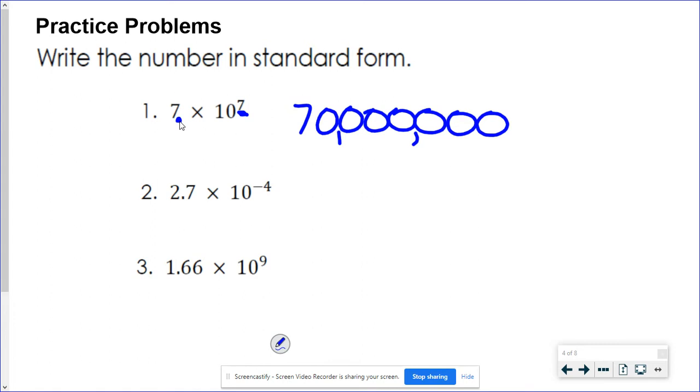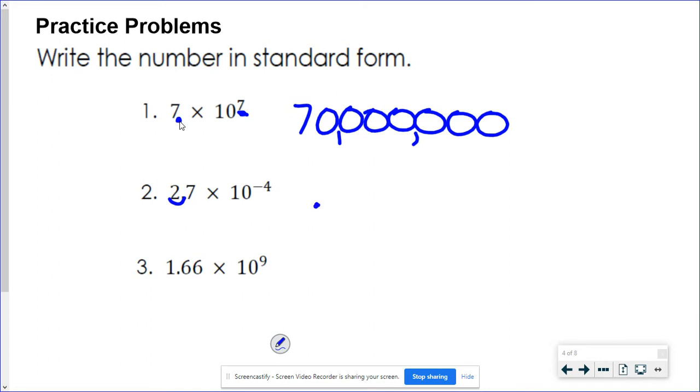For number 2, negative exponent is going to be a small number. So I'm going to move 4 places. Some people don't like to do the little swoopy things with zeros. You can, or you don't have to. It's going to take me 1 place just to get in front of the 2. And then I still have 3 more places to move. So when I do this, I don't even bother drawing that little swoopy thing in.